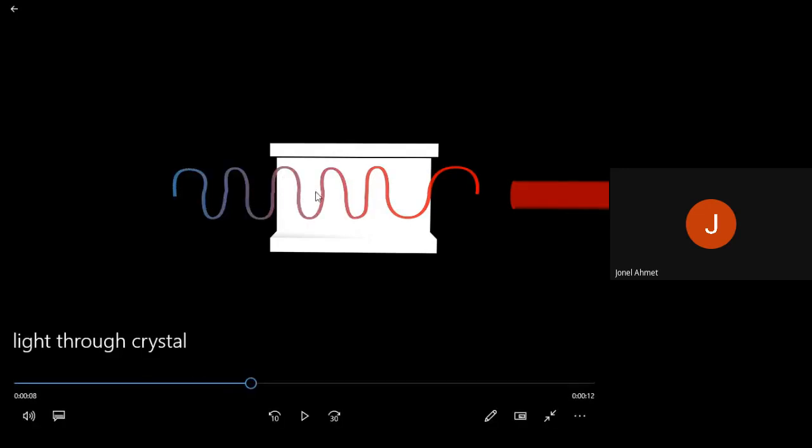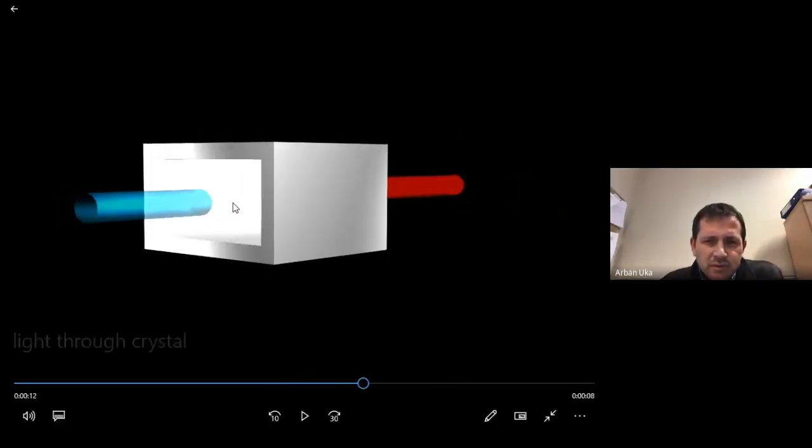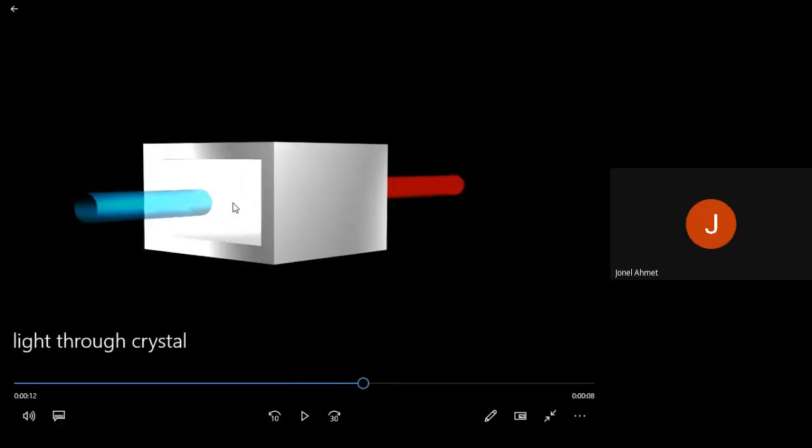The wavelength changes, hence the frequency changes, and since the frequency becomes larger and the wavelength becomes smaller, we have a transformation of this light's color. What is the wavelength coming out? The wavelength is something around 300, 350.